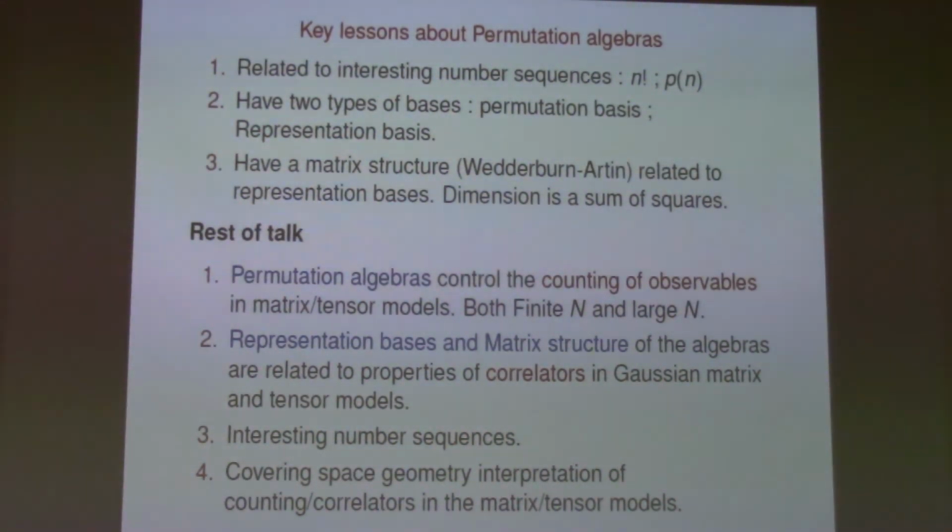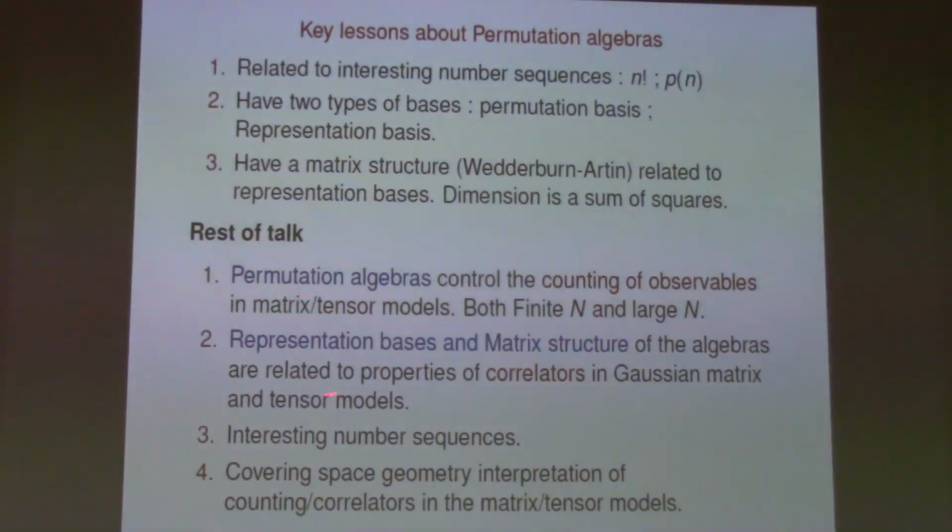as we saw. Now, for the rest of the talk, I'll be considering generalizations of these algebras, which will be called permutation algebras, and I'll show how they control the counting of observables in matrix and tensor models, both for finite n and for large n. And this representation basis associated with the matrix structure of the algebras is related to properties of correlators in Gaussian matrix or tensor models.